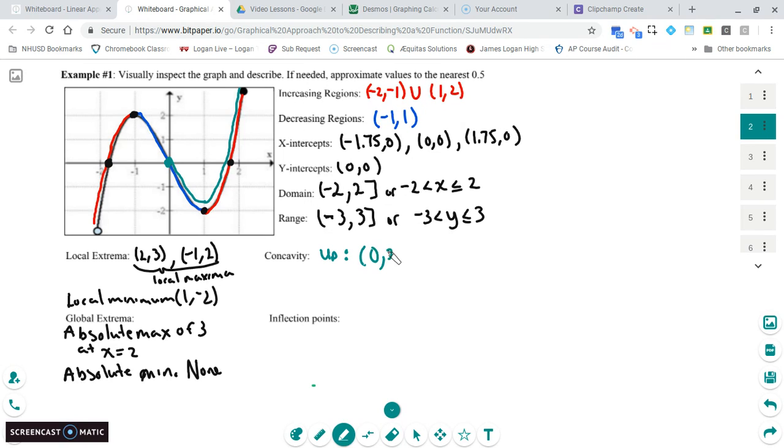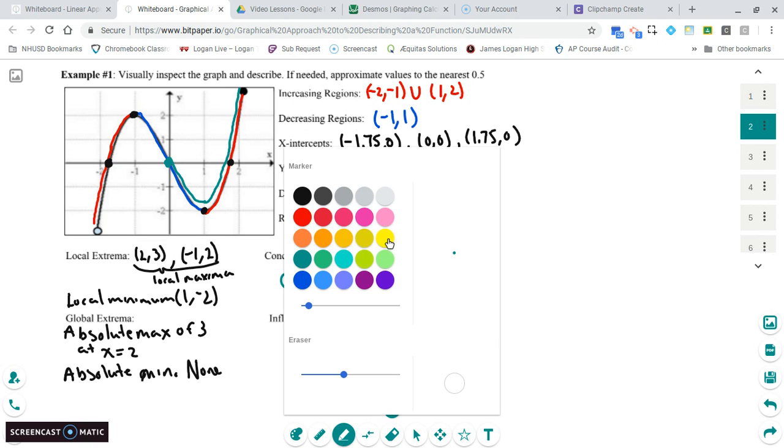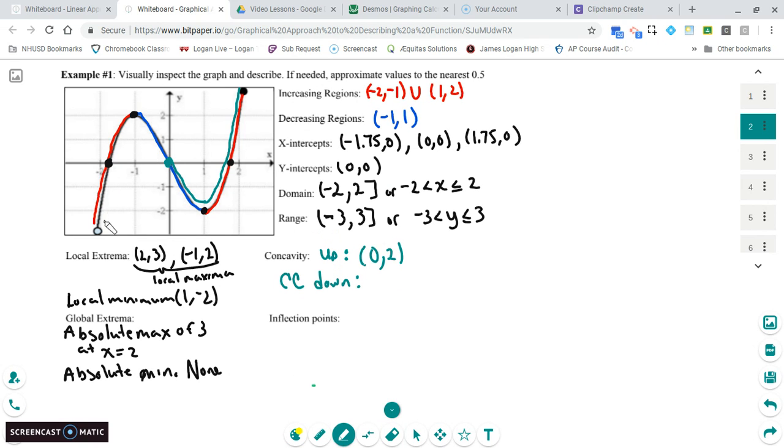My concavity is up. Okay, so then I'm going to do concave down, which would be the next region. Let me highlight it in yellow. So concave down, that's this region here, from x equals -2 to x equals 0, the origin. All right.